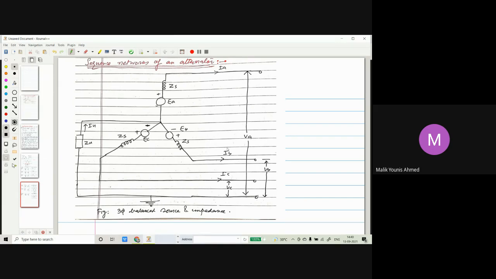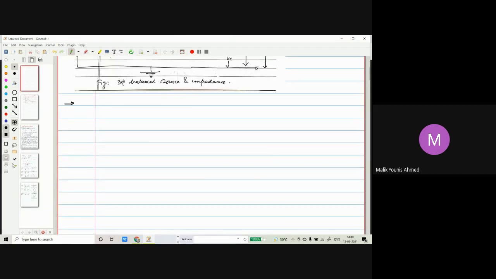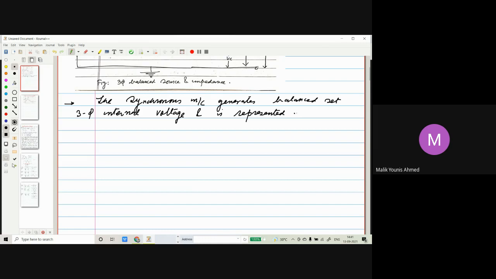And we say that it's represented by the positive sequence set of phasors.